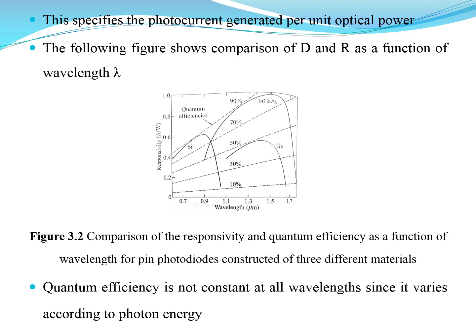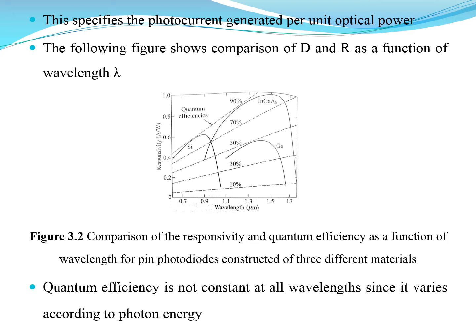This shows the comparison of eta and R as a function of wavelength lambda. So the efficiency and the responsivity are functions of wavelength. Whenever the device is operated with different wavelengths and different materials, the responsivity changes, and we see that the quantum efficiency changes too. At a particular wavelength, say 1.2 micrometer, the quantum efficiency is just 10%.